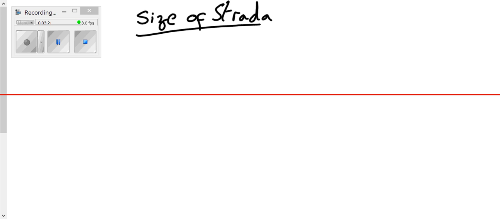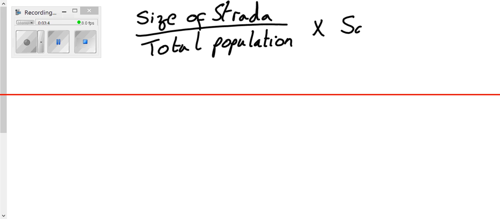Now, it'll be the size of the strata, that's the layer, the subgroup, and in our case before, that was year 9 girls over the total population, and that's multiplied by the sample size. In our case, that was 50.